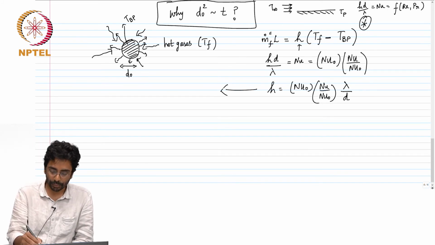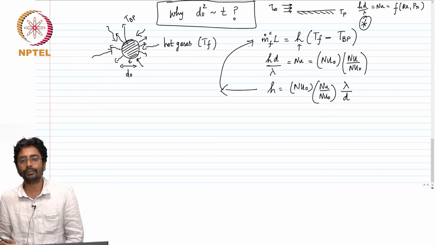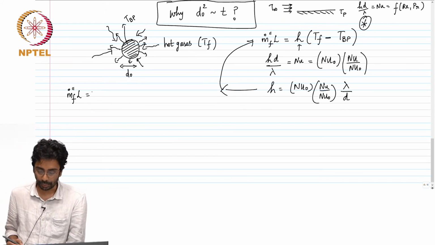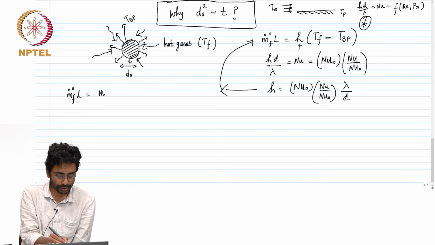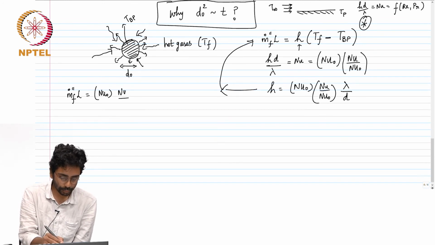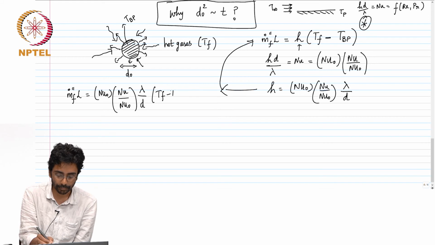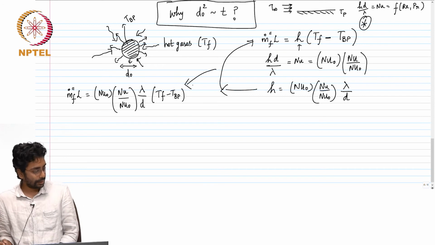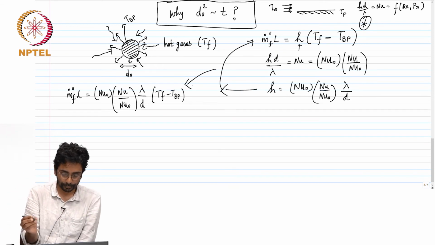Now I am going to substitute this into our original equation for vaporization rate, which is m dot double dash F multiplied by the latent heat of vaporization is equal to H, which now becomes Nu0 times Nu by Nu0 times lambda by D multiplied by Tf minus T boiling point. Now we can rearrange this.